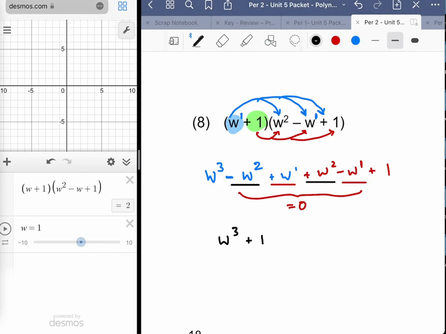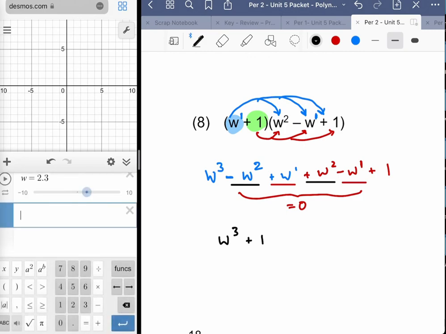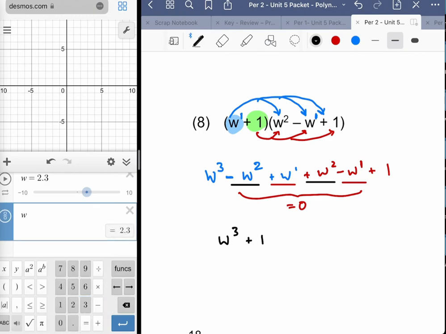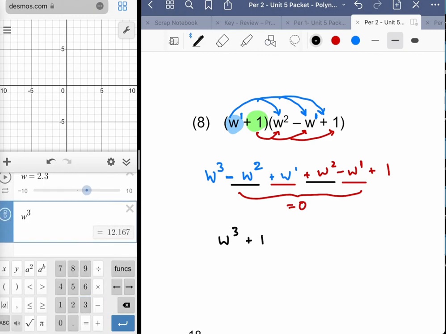So I took the original expression. I have a slider. Depending on where I put my slider, it'll give me a particular value. Then I would do the same thing with the simplified expression, just typing it in, creating a slider, except the slider would be the same slider.